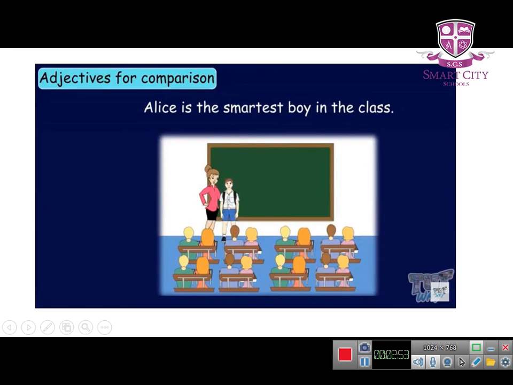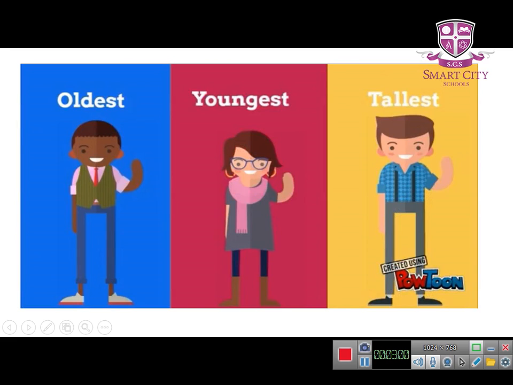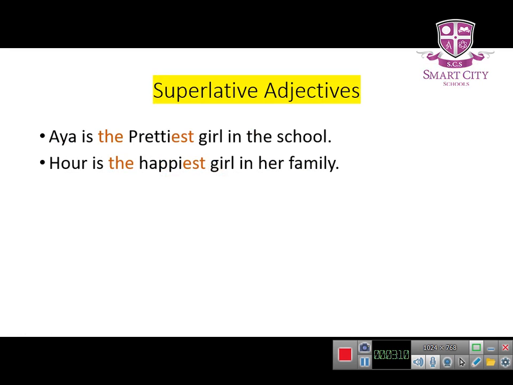And the form of the superlative adjectives is the adjective and est. Oldest, youngest, tallest. These are some examples of the superlative adjectives. Aya is the prettiest girl in the class or in the school.